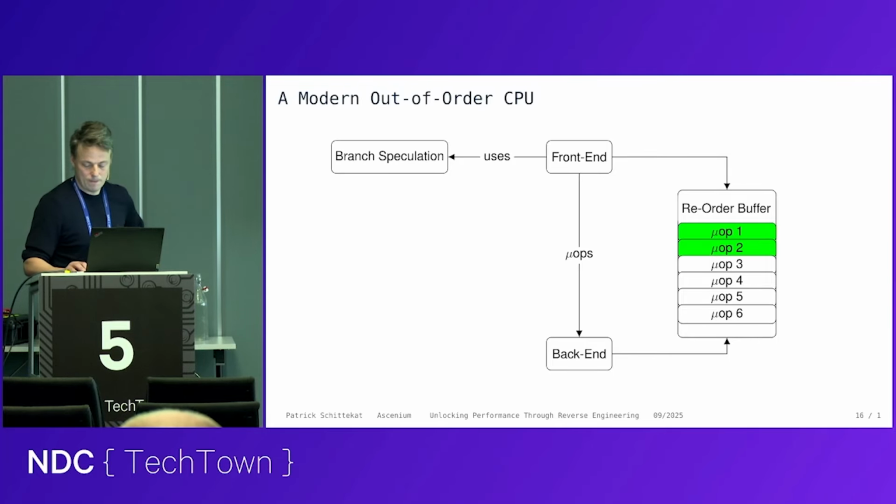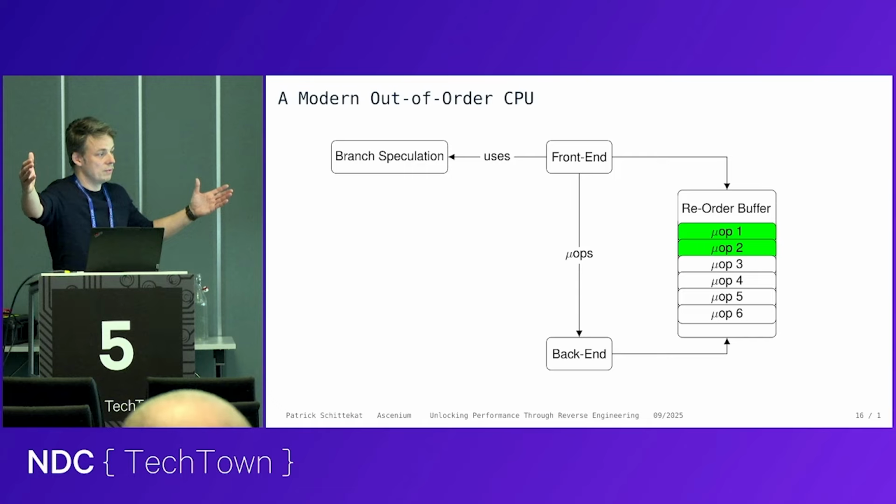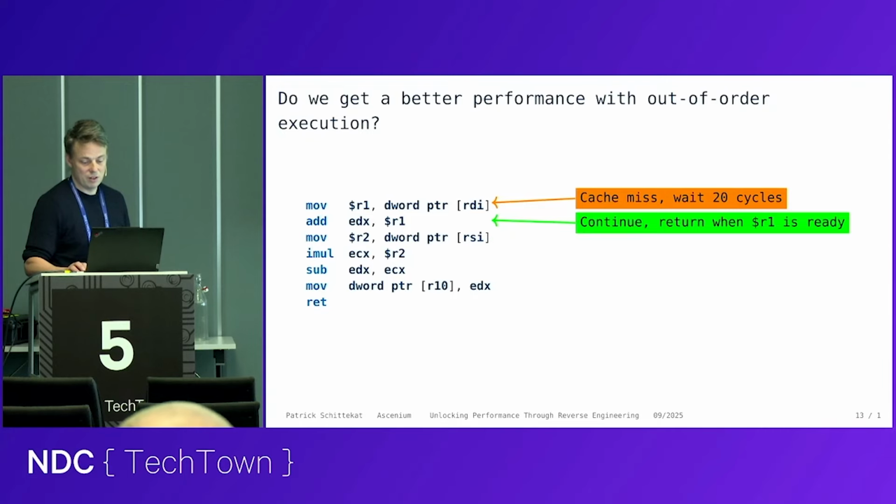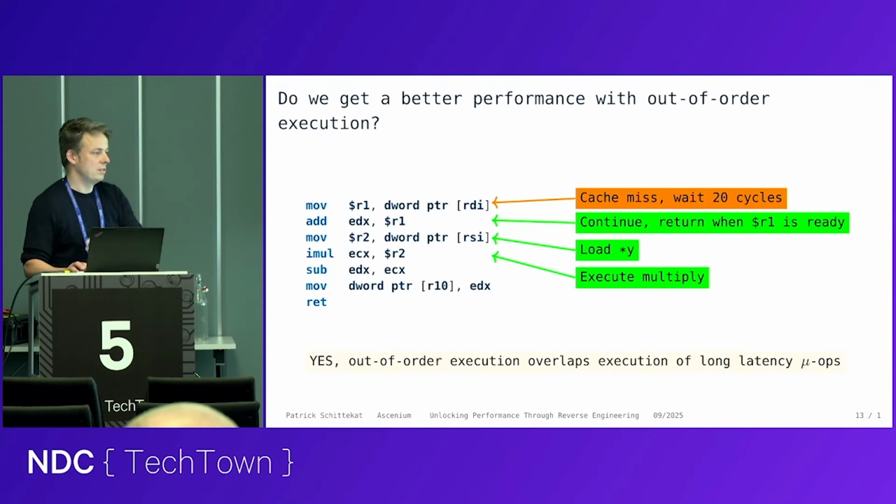Okay, so this is a very important structure because the bigger it is, the further it can look for independent instructions to execute. In the beginning, 20 years ago, they were much smaller. So your program cannot find so many independent instructions as here, or if you have bigger programs.